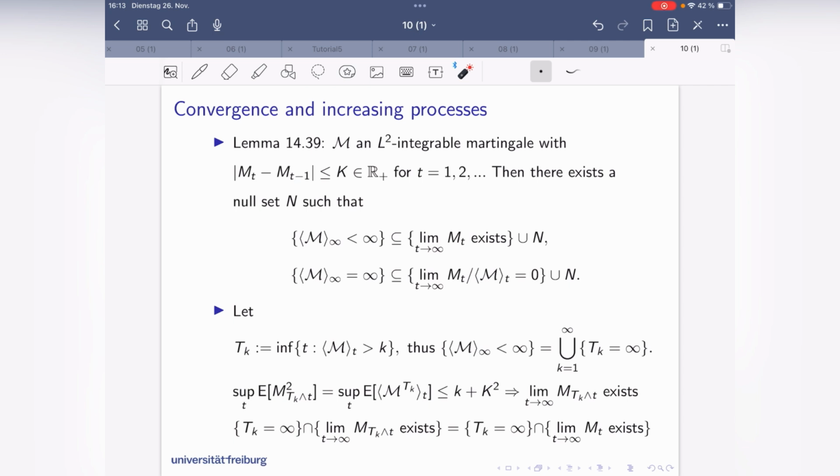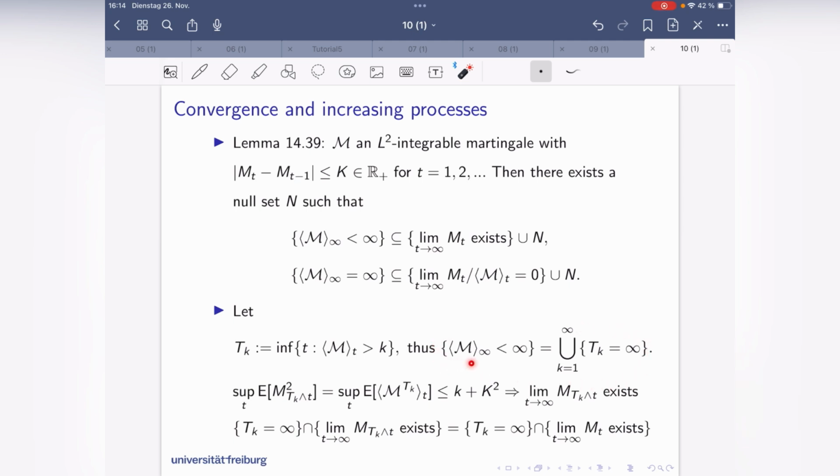So why is that? Let's look at this briefly. T_k here is the stopping time where the increasing process exceeds small k. So the increasing process is finite. So if it's finite, let's say 10 or so, then T11 here is never reached, which is the reason for this equality here.